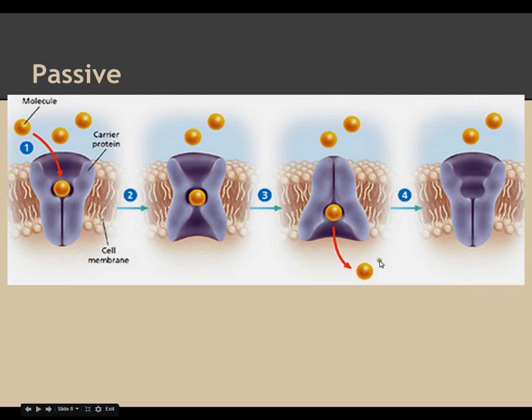When the molecule is released, the protein goes back to its original shape, much like the enzyme that when the substrate attached, it changed shape, which catalyzed the reaction, and when the products were released, the enzyme went back to its original shape and was reusable. This acts in much the same way, except it's doing something different. It's transporting a molecule instead of catalyzing a reaction.